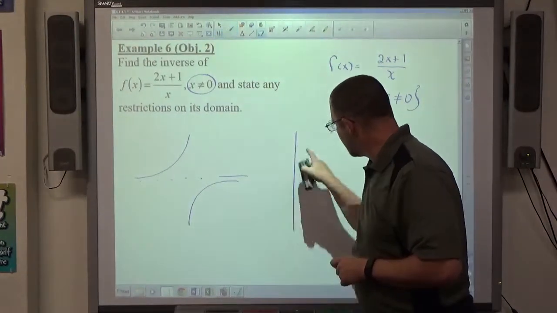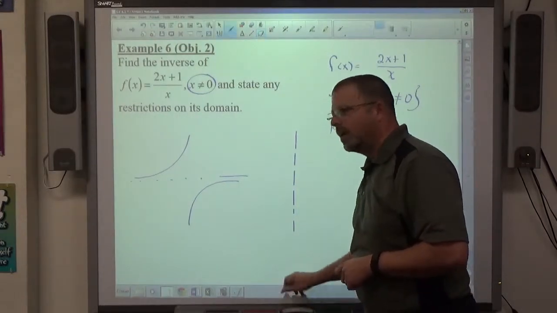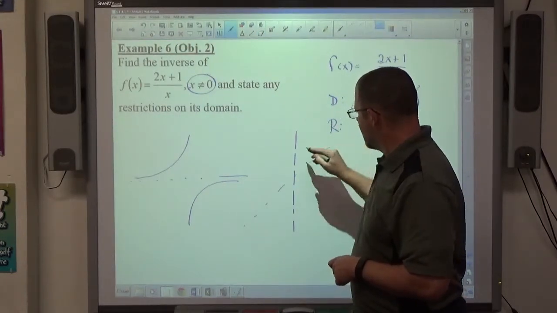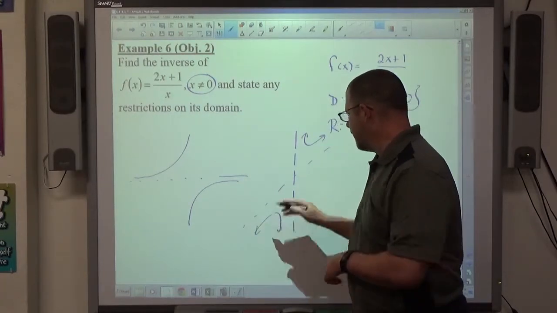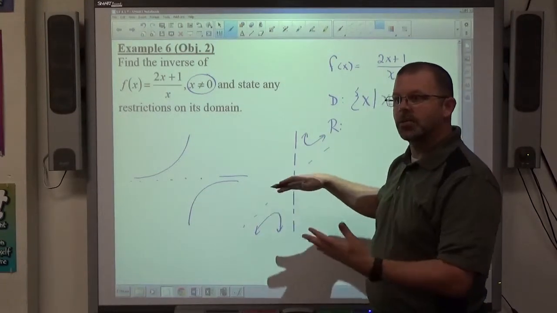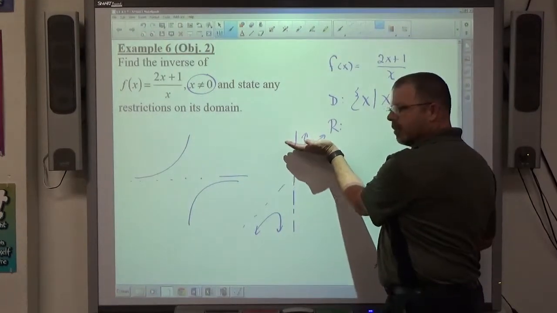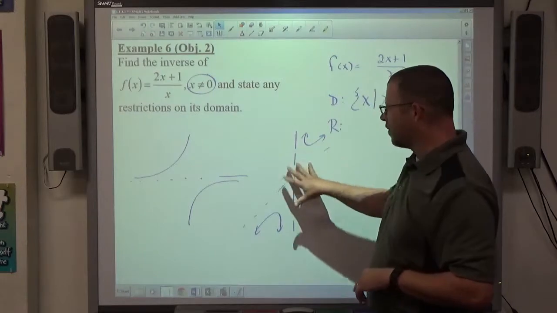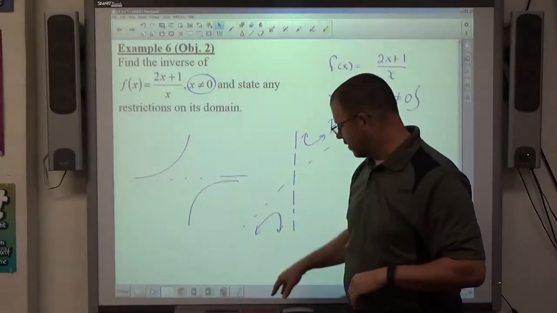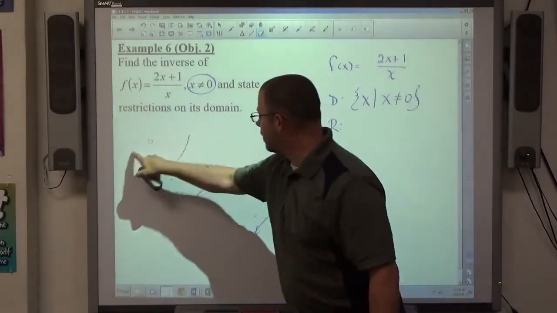We'll pretend that's dashed. And then maybe it does something like this, and there's a big gap where y doesn't exist, so there's no y value. So the range would be everything above this and below that, and we'd have to find this maximum or minimum value. We're not going to deal with the uglier ones. We're going to deal with the prettier ones like this that maybe have a horizontal asymptote.